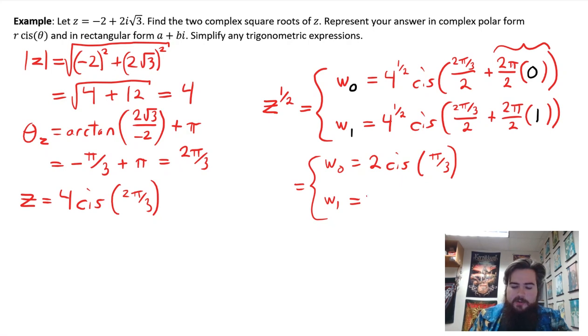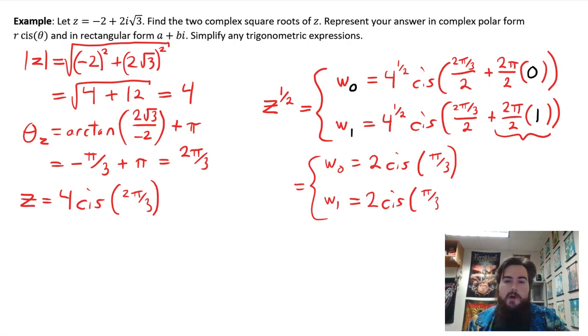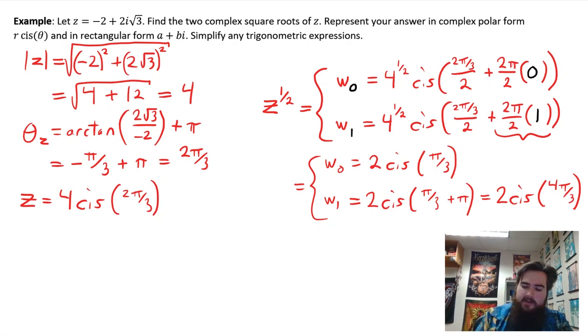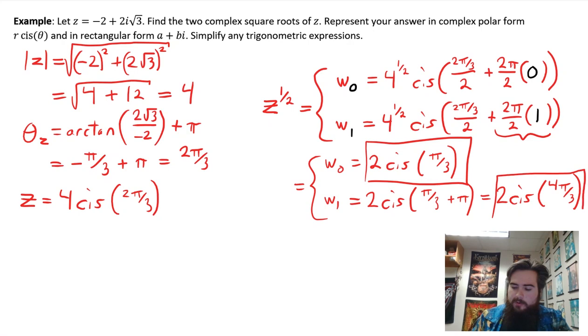For the second solution, we're going to get 2 cis of, again, pi/3, but then we're going to have plus 2pi/2 times 1, or just plus pi. Meaning that this is 2 cis of pi/3 plus pi, which is 4pi/3. So we have our two answers currently in complex polar form.